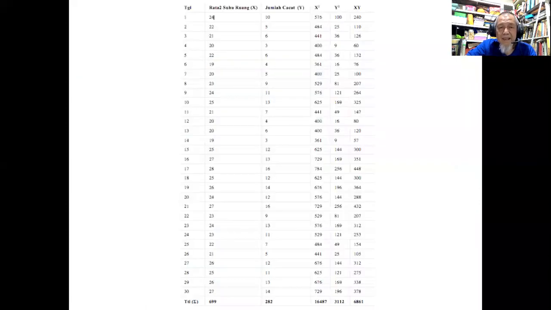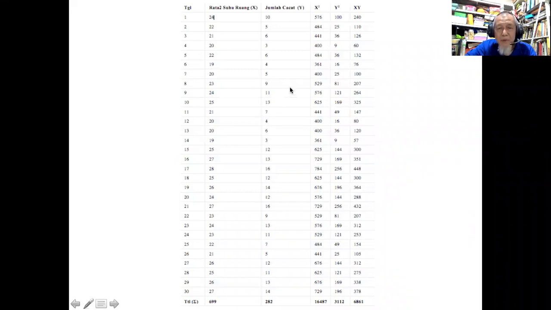Okay, let's see the worksheet. You can see the worksheet from day 1 to day 30. This is the average temperature of the room, and here is the number of defective products for every day.